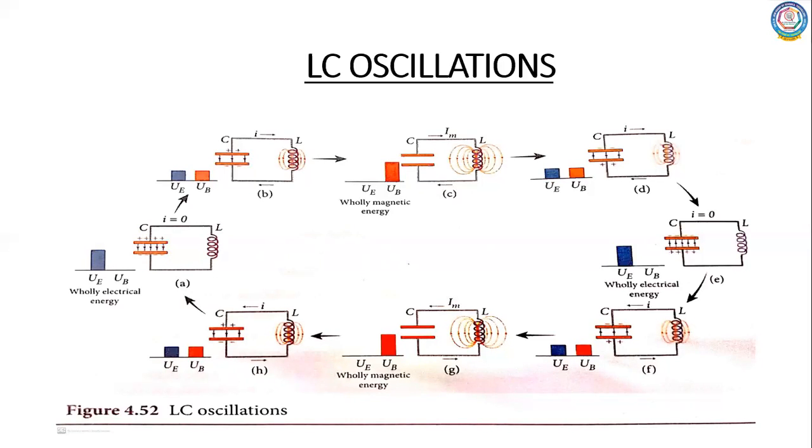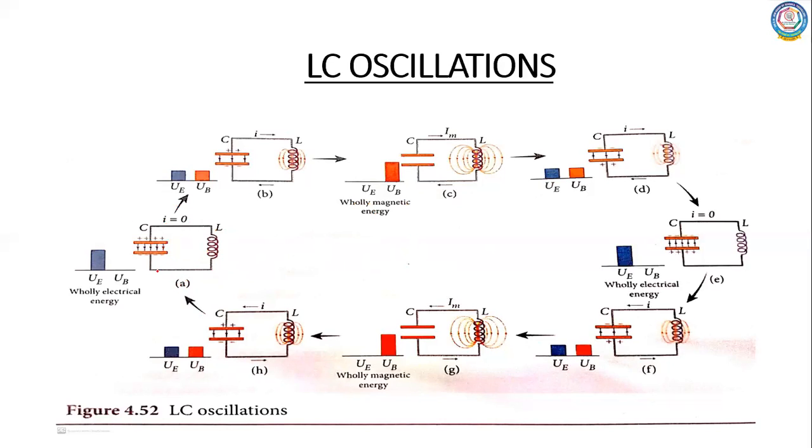That is clearly understood from this diagram. The concept is well explained in this textbook. Each and every case we are going to discuss now. There are cases from A, 1, 2, 3, 4, 5, 6, 7, 8 cases we are going to discuss. So let us move on to the first case, which is case A.